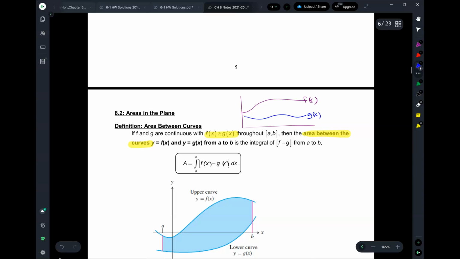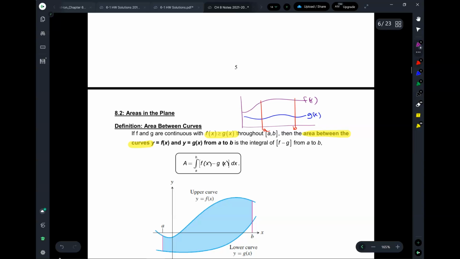Do you see how f of x is bigger than g of x because it's physically higher than g of x, right? So now I want to find, going from here to here, from a to b, the area in between them, okay?